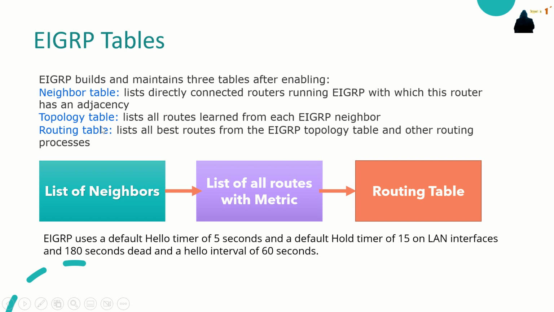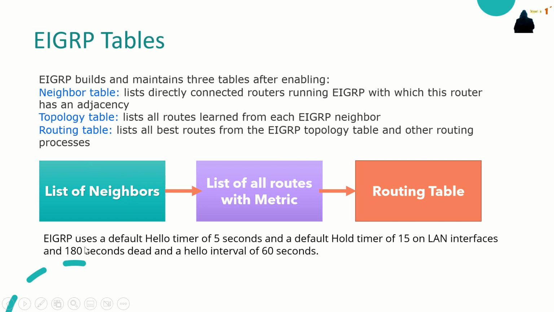We also have the topology table, which lists all routes learned from each EIGRP neighbor, and we have the routing table, which lists all best routes from the EIGRP topology table and other routing processes.